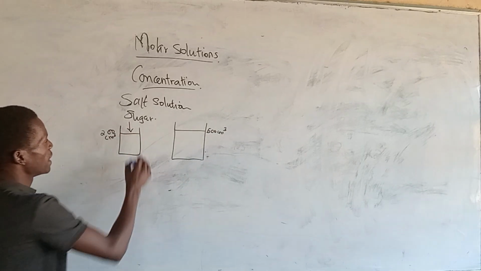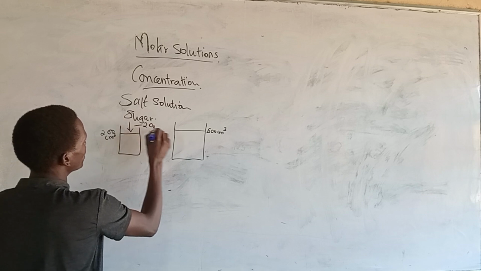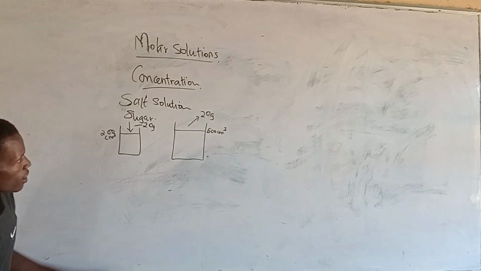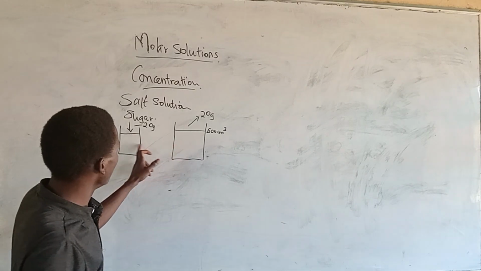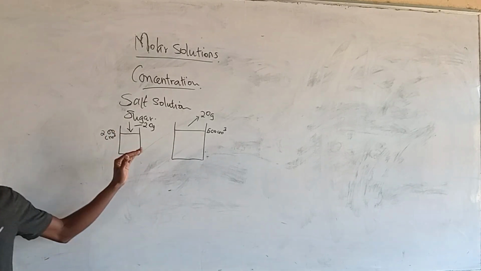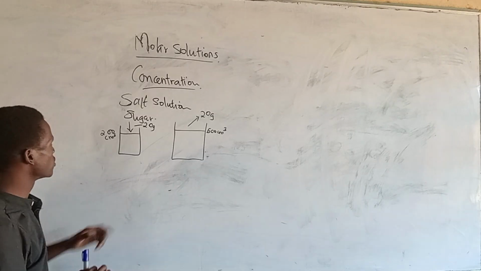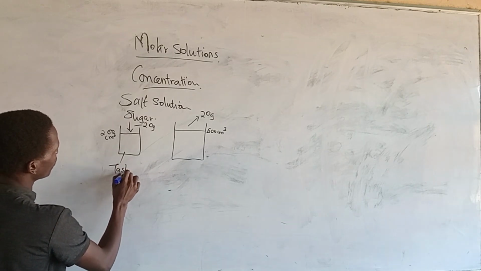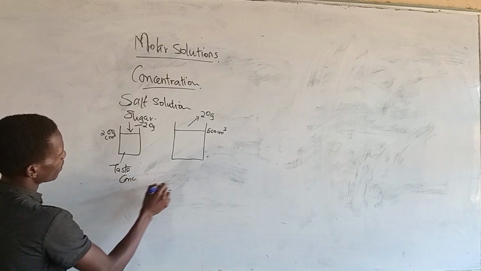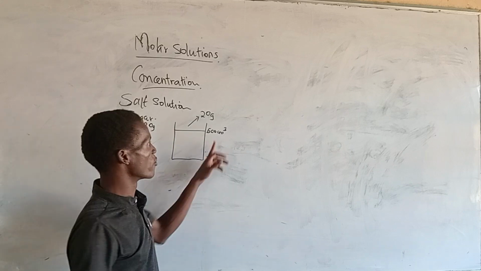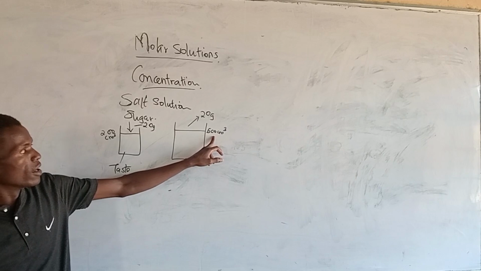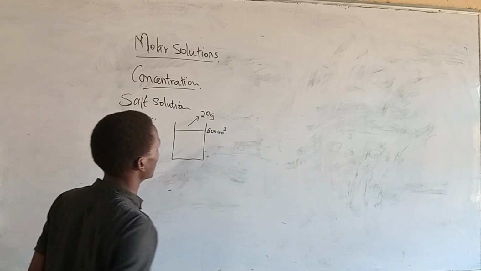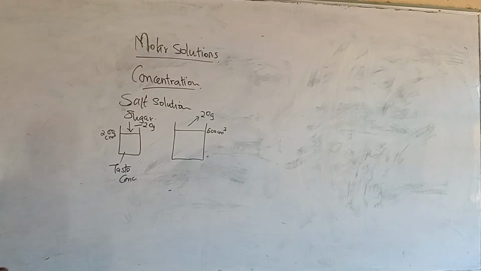Now, for example, let's say here you dissolve 20 grams and here you also have 20 grams. When you test the two solutions, the one in the smaller container will be more concentrated than the solution where we have 500 ml of solvent.